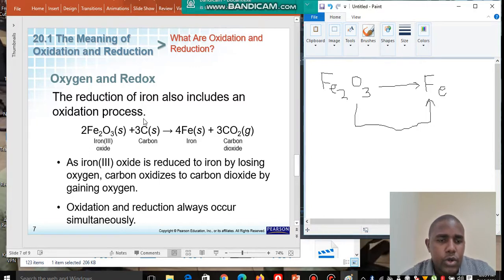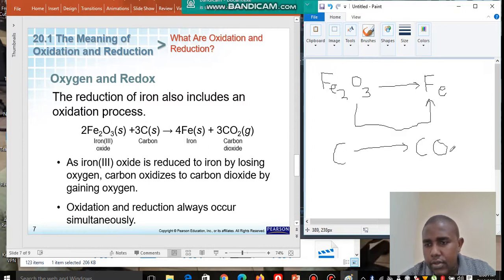Now let's look at the carbon. Carbon in the presentation here has been converted into carbon dioxide. So carbon has changed into carbon dioxide. Now what has been added to carbon?